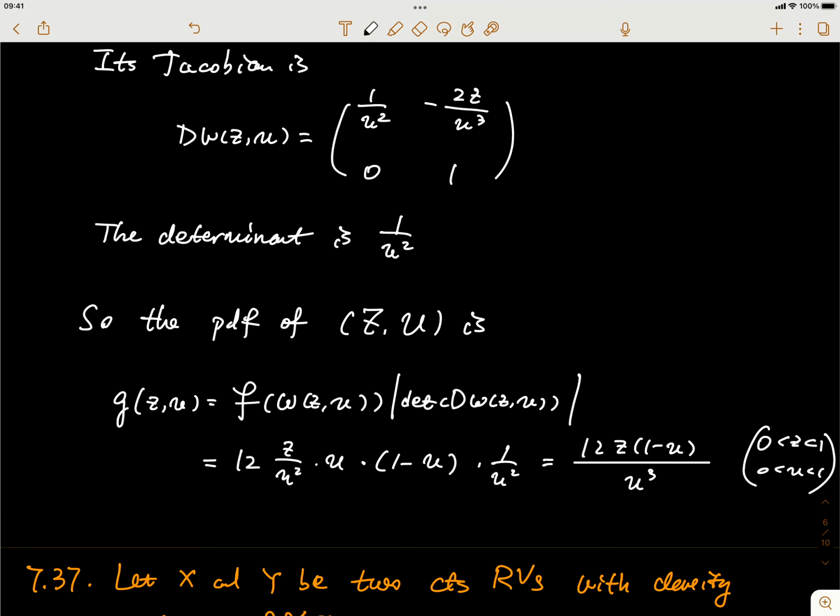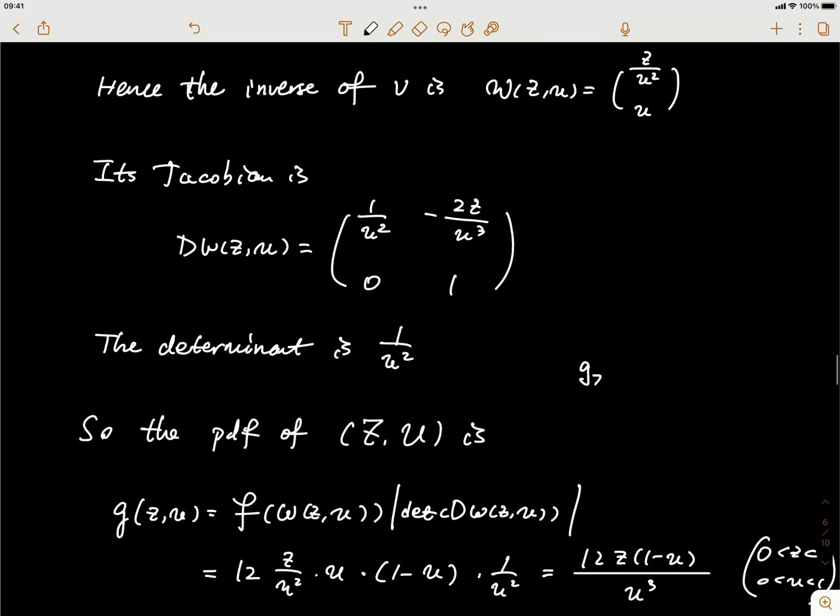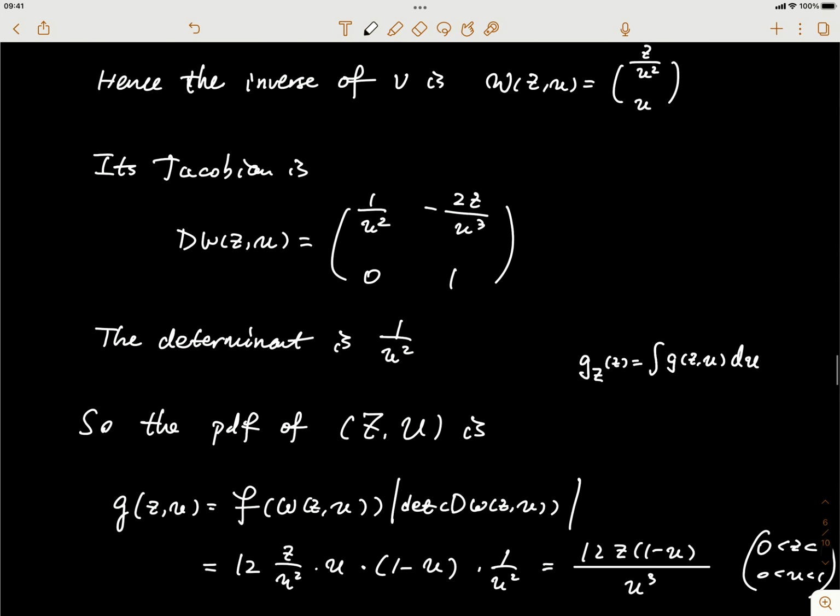I didn't do the marginal one here, so we should do the marginal of Z. The marginal distribution of Z is just taking the integral of the joint density with respect to the variable that you are not interested in. Here it is U, which is between 0 and 1, so that's the integral from 0 to 1 of 12z(1 minus u)u cubed du.